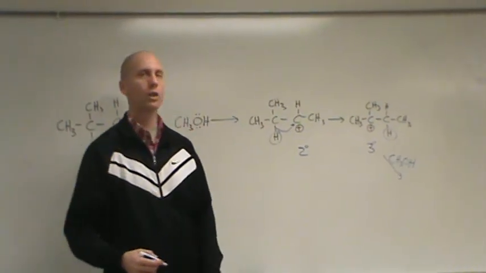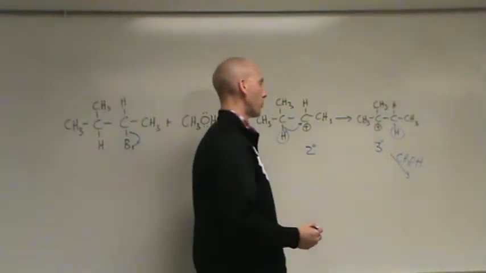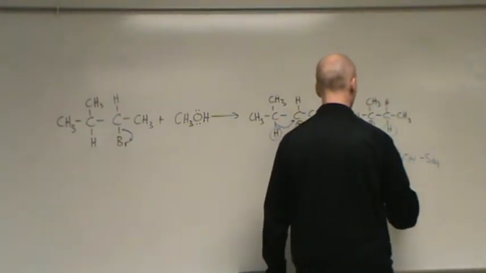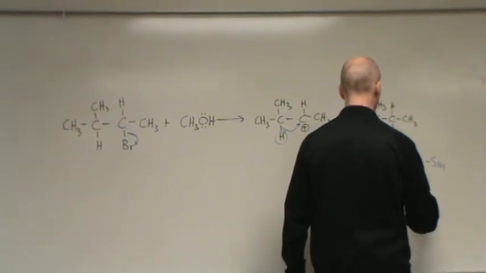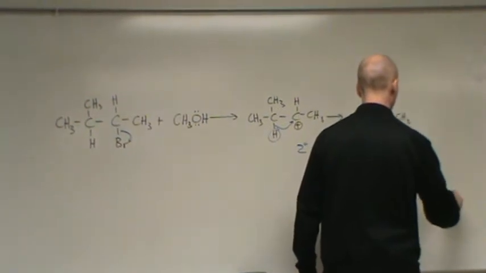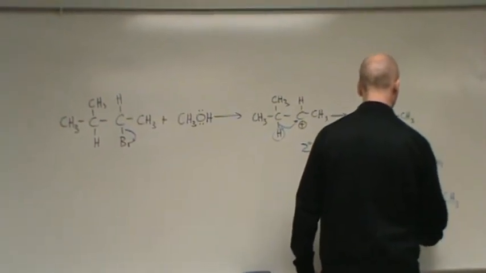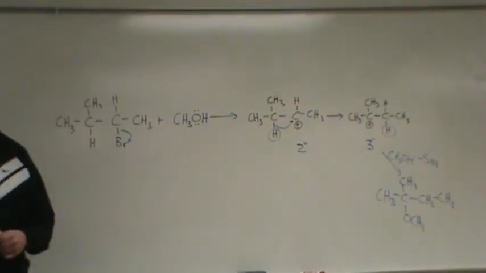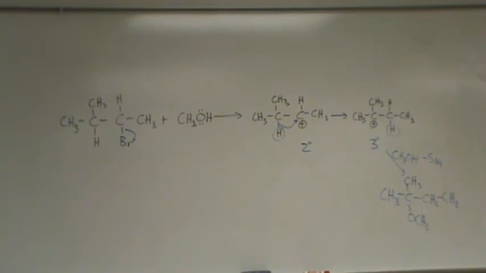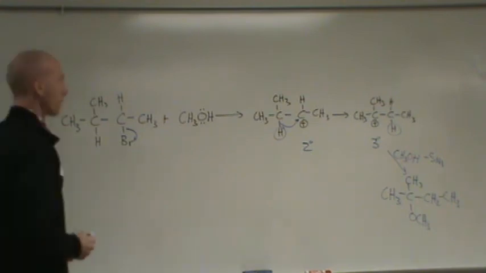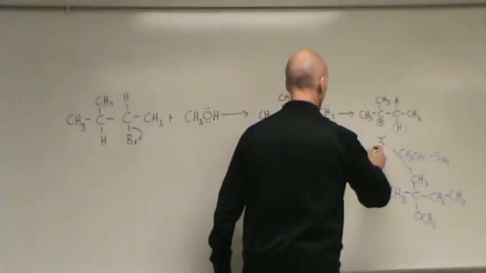Now my alcohol could do an SN1 and give me the SN1 product, which is from the rearrangement. We didn't look at rearrangements earlier, but now we can see that they occur. Or we could go on to the elimination product.